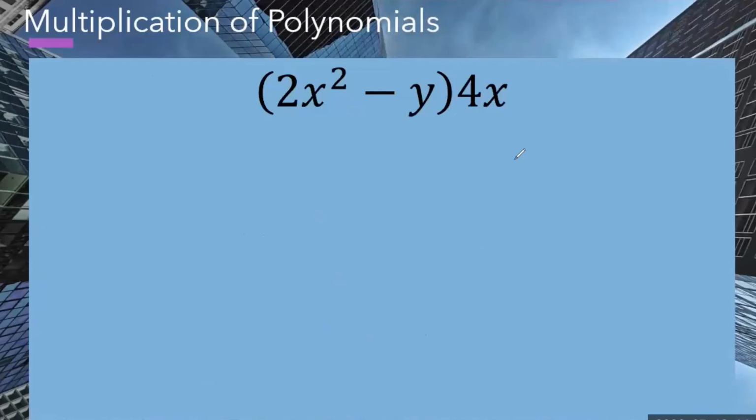How are you going to solve that? Okay, very good. So 4x times 2x squared, we just add the exponents and the digits.